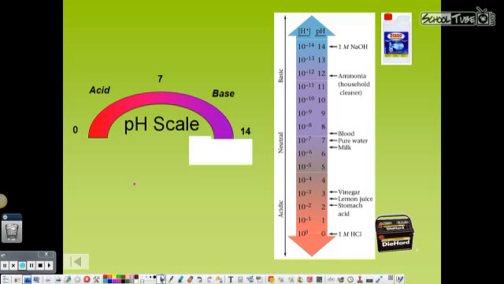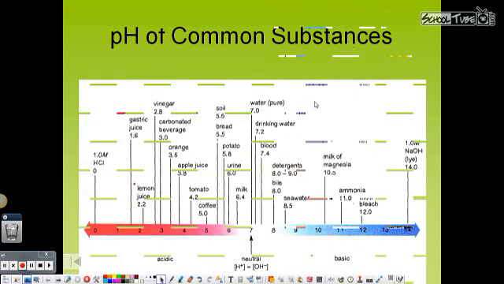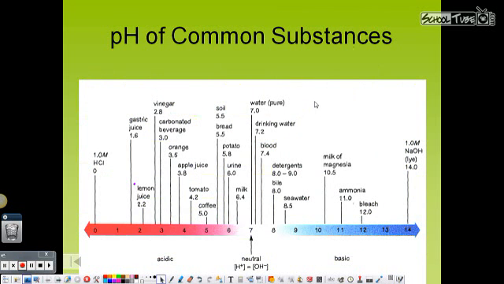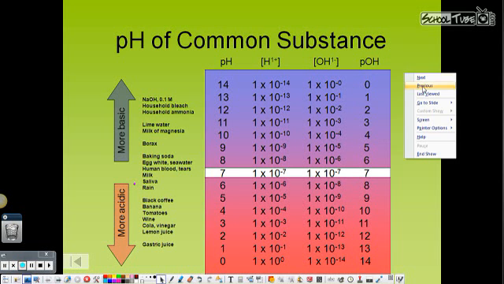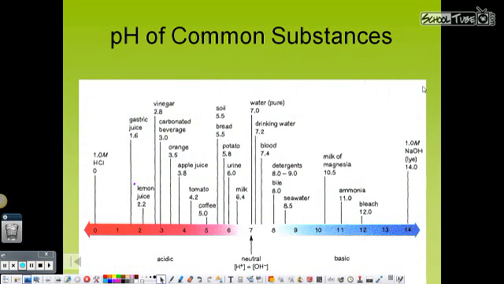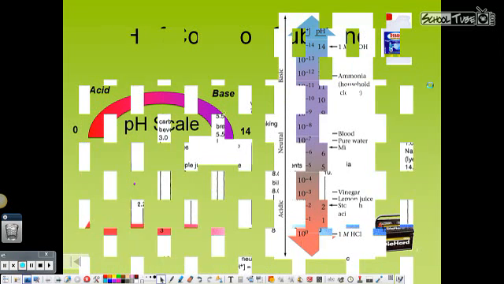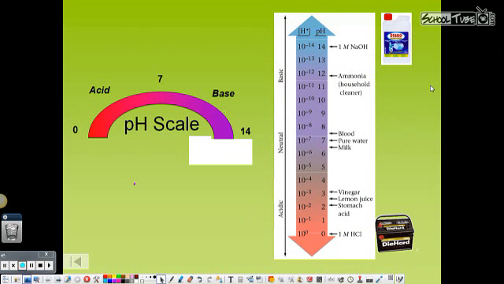Whatever you have in this column, times what I had in this column, will give you 10 to the negative 14.